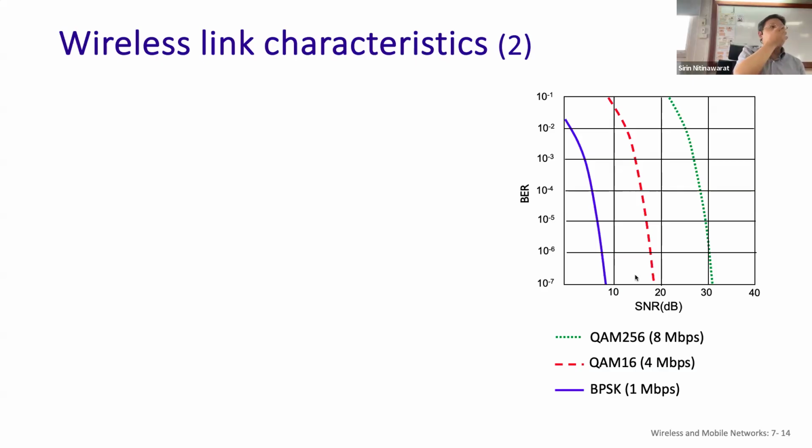So there's a trade-off between rate and error rate. You're sending more information with 256 than 16 and subsequently BPSK, but the higher the rate you communicate, the higher the error rate the communication will incur as well.